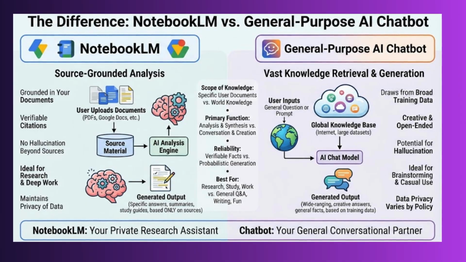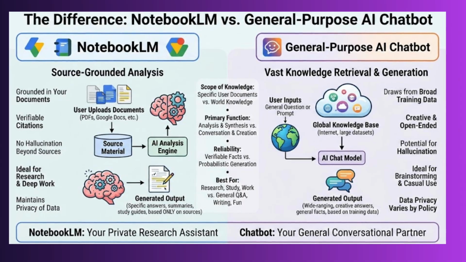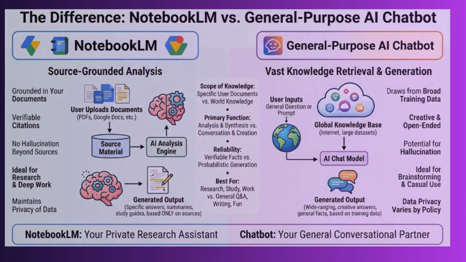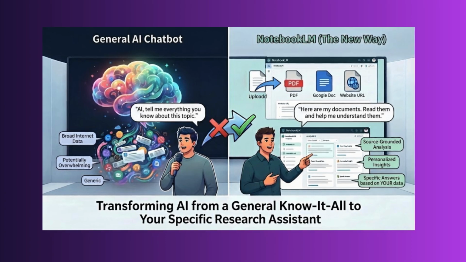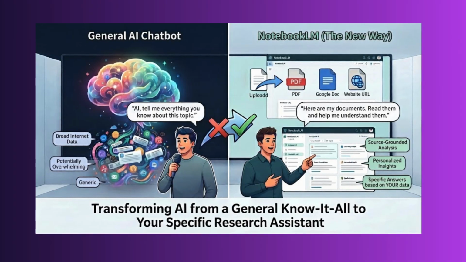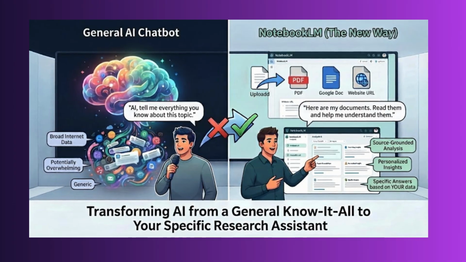With NotebookLM, you can give it your own sources and ask it questions about the information inside those sources. Think of it like this. Instead of saying, "AI, tell me everything you know about this topic," you are saying, "Here are my documents. Read them and help me understand them."